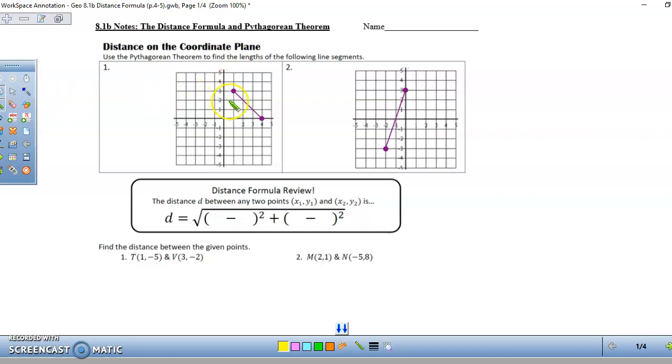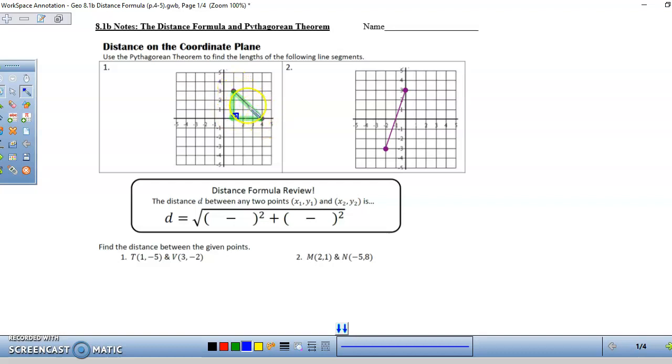But the way we are going to do that is actually by drawing in a right triangle where this length is the hypotenuse. And we're going to draw in a horizontal segment and a vertical segment to go along with that hypotenuse. So what that creates here is a right angle.